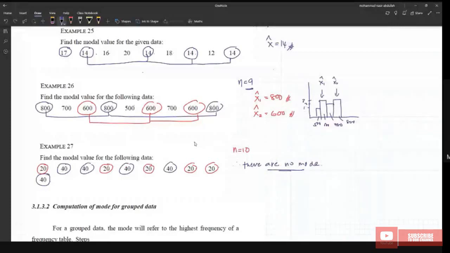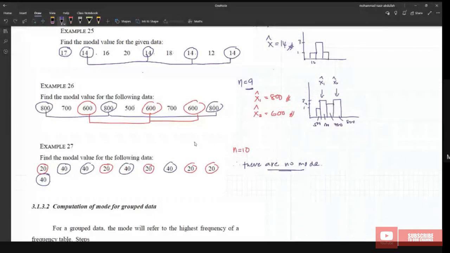For example number 25, again, same concept. For 12, we have 1, and this is 12. Right? And then we have 14 appearing 4 times. Let's say this is 1 and it appears once.